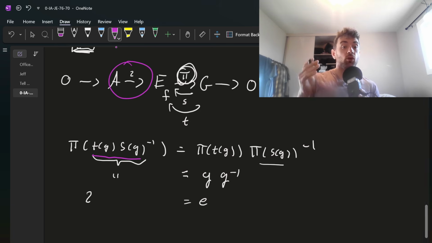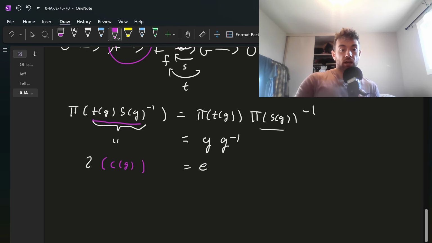I'm now going to give a name to that element, just like how we were defining the function f. I'm going to name that element C of g because it depends on g. So now I get another kind of function, a function C that goes from one copy of G into A.